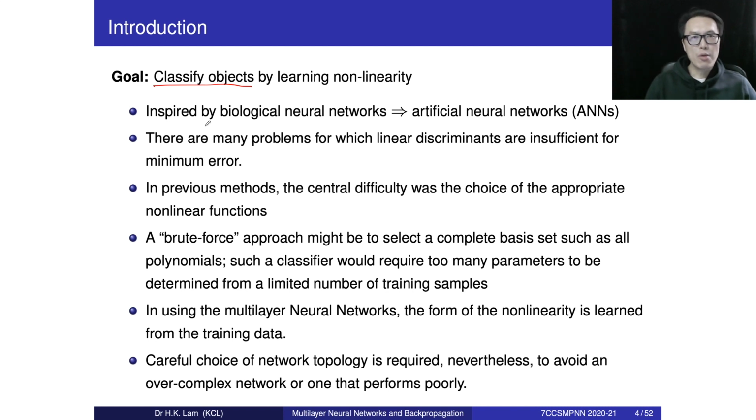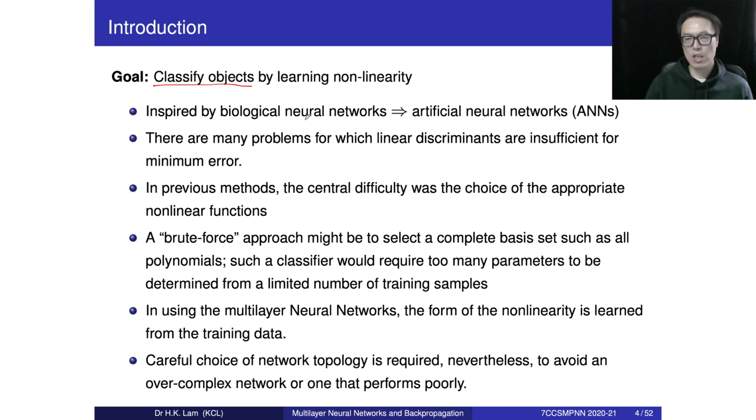And now let's have a look at the first point. The neural network is inspired by the biological neural network, that is, our brain. Our brain consists of a number of neurons. The neurons connect together to form some knowledge, and they communicate with each other to process information, so that it is able to do reasoning.